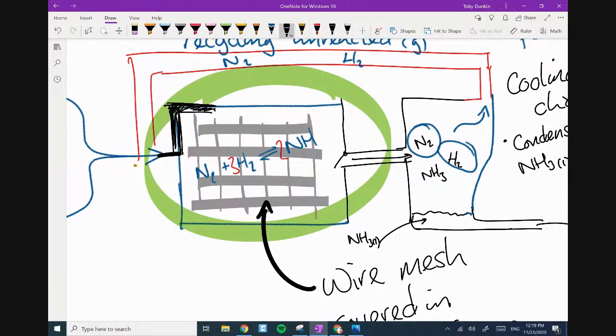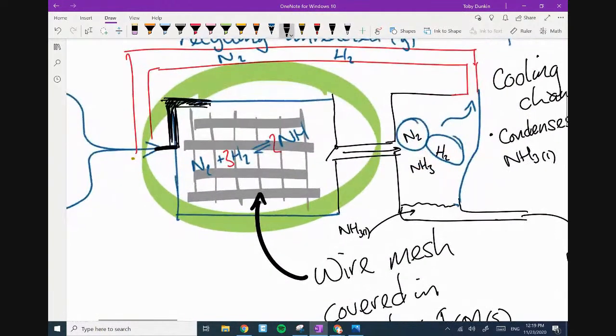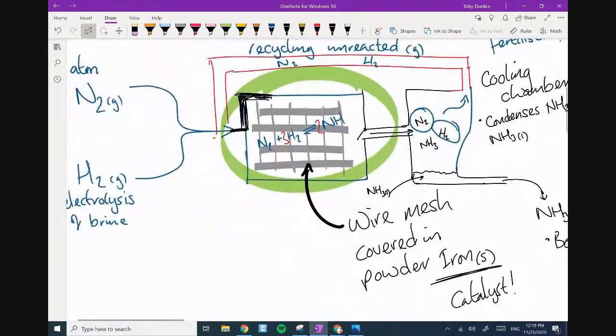These things are made from solid titanium steel alloys and cost millions of dollars because the pressure in here is insane.